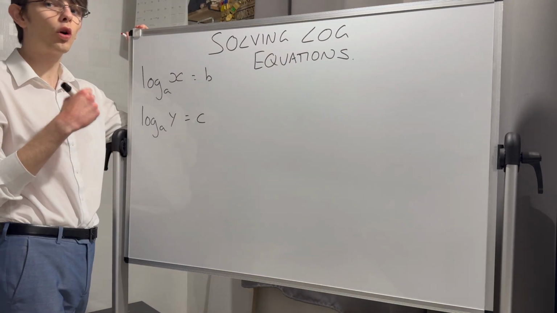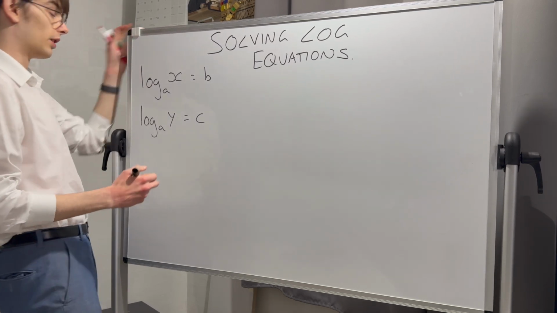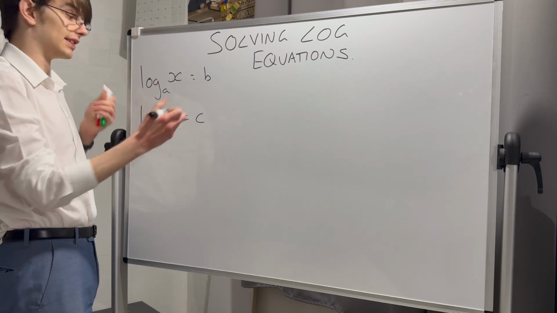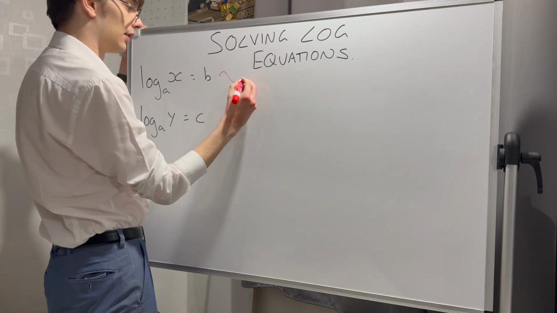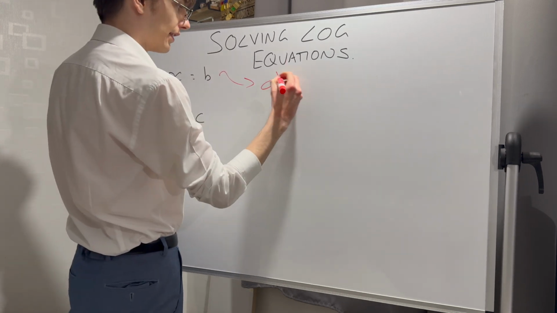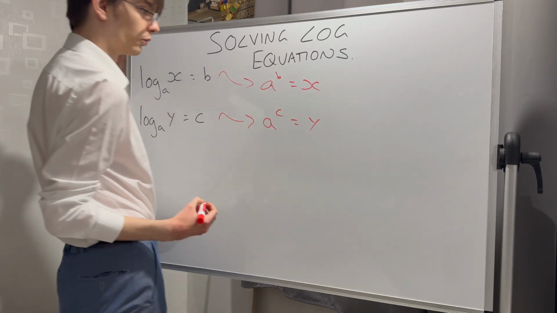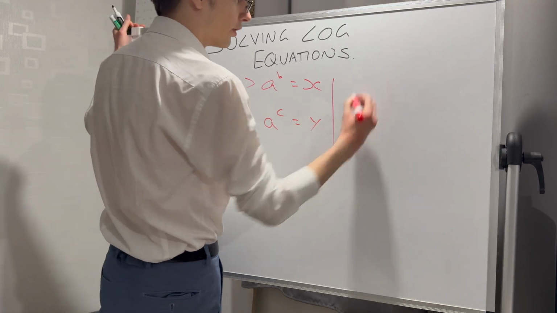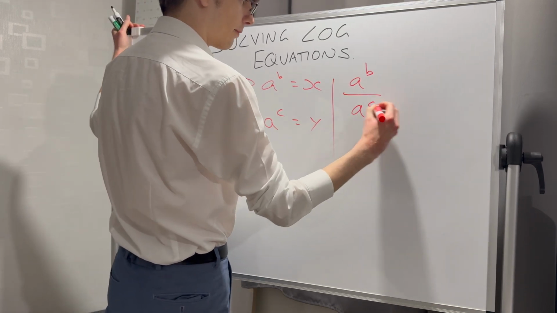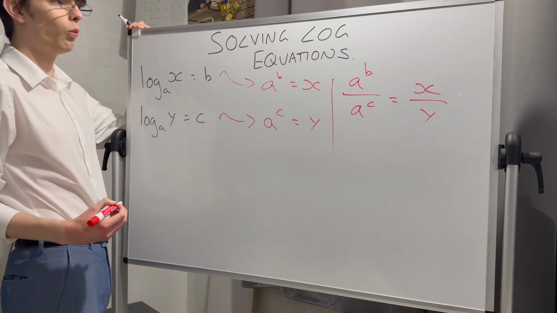Now I'm going to very quickly do the same thing to get a division law. I'm going to rush through this because it's the same process as last time. I'm going to rewrite these as a to the b equals x and a to the c equals y. This time I'm going to divide them. I'm going to do a to the b divided by a to the c, which is x divided by y.